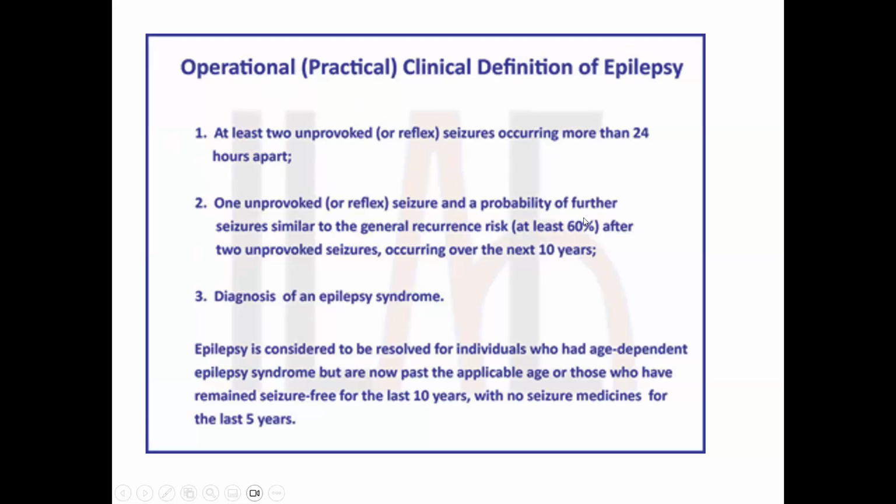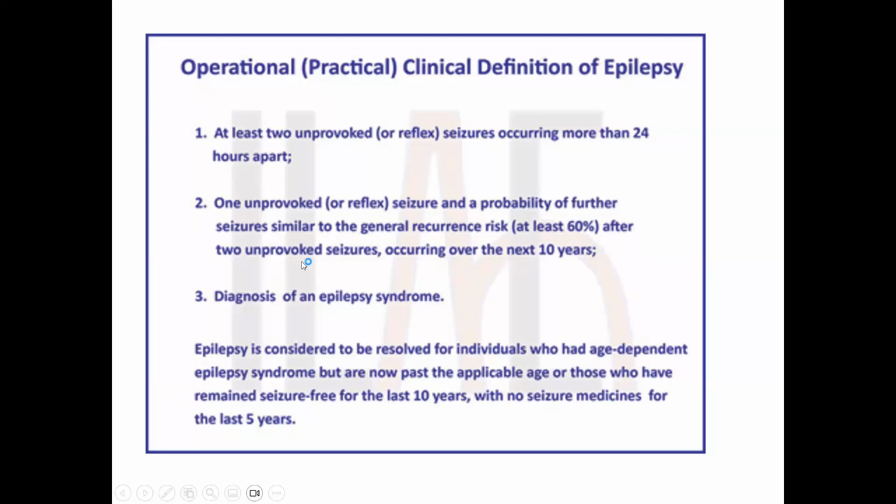In simple terms, it means 1 unprovoked seizure and the risk of recurrence is at least 60% over the next 10 years, compared to the general population.